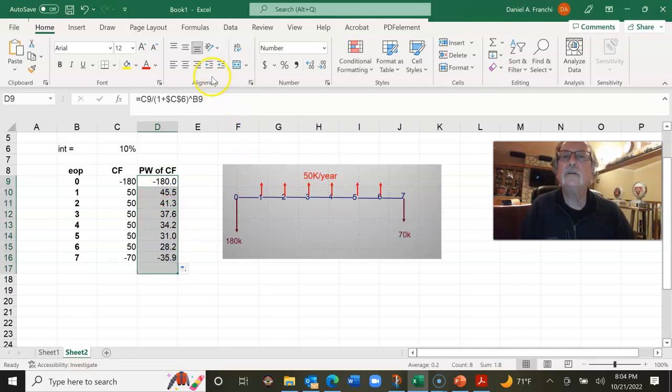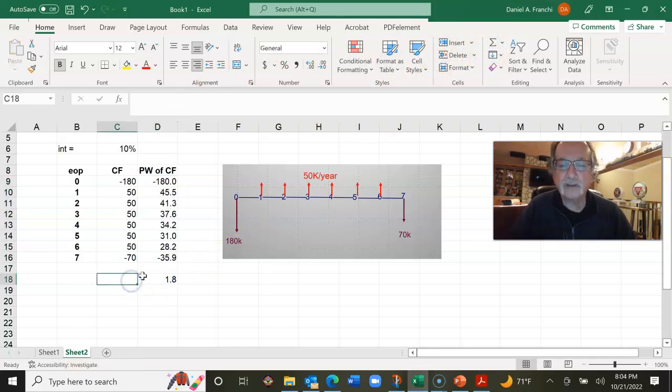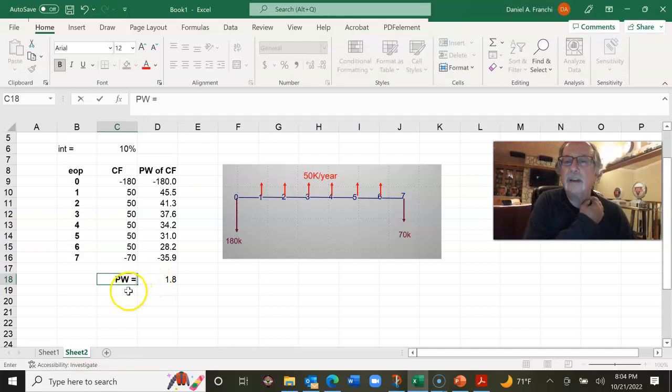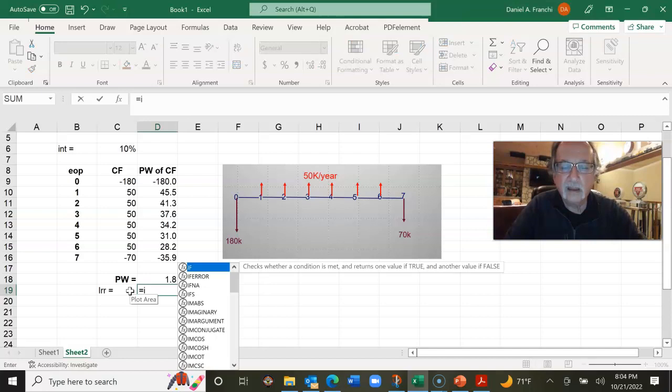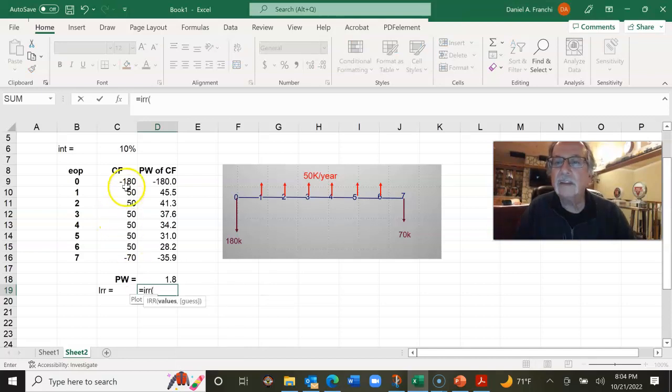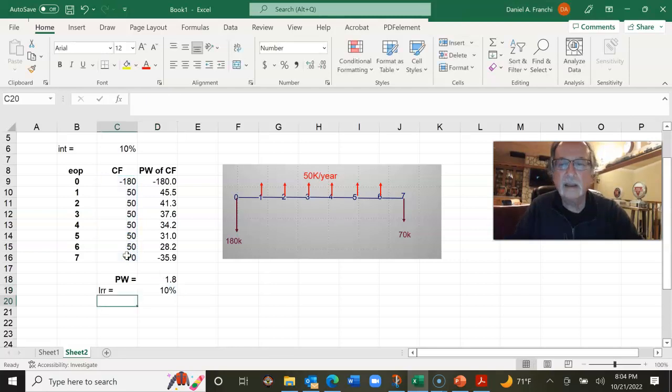And I show that the present worth is 1.8. The internal rate of return of this cash flow stream, the closest one is about 10%. I think it's slightly above 10%.